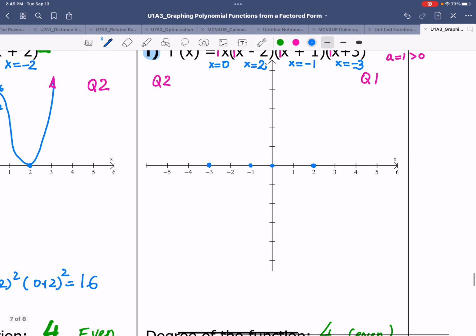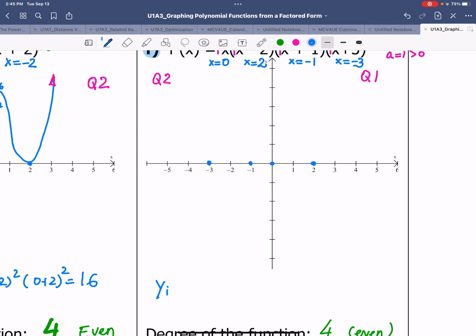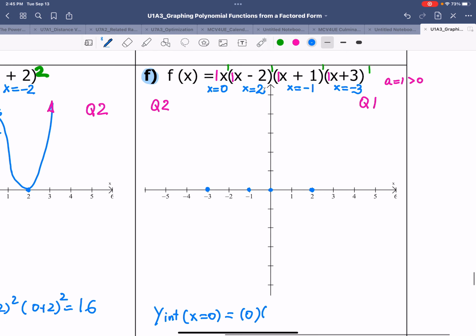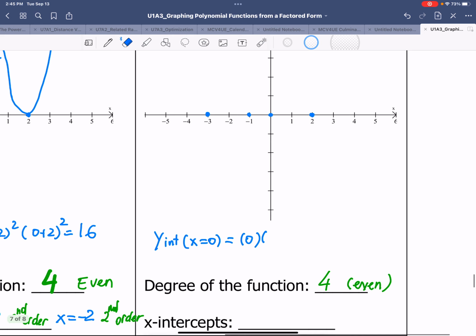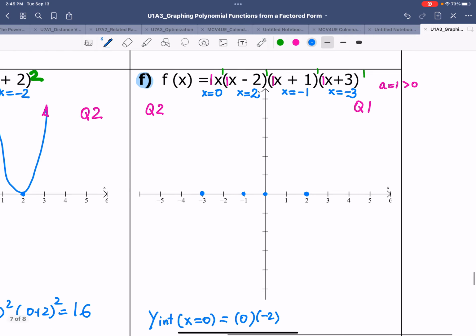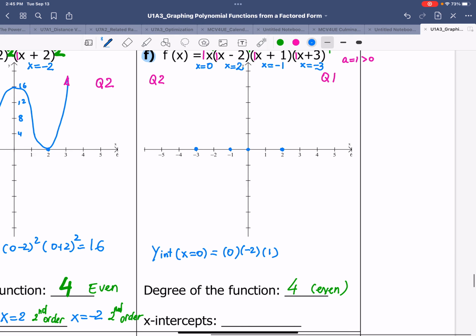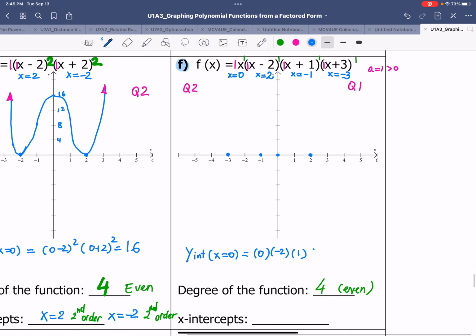So it is very helpful to find the y-intercept as well. And again, for the y-intercept, we set x equal to 0. And as you can see in here, we'll have 0 multiplied by 0 minus 2. That means we are multiplying by negative 2. And we're multiplying by 0 plus 1, so that's a 1. We're multiplying by 0 plus 3, which is a 3, so that's 0.